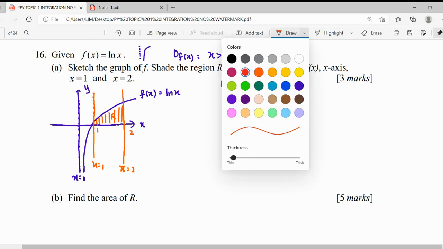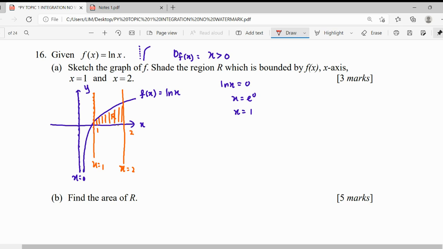So that will be our graph. For the graph, they will give us 3 marks. The first mark is for the shape, whether our lamp post is correct or not, and the asymptote. The second mark is for labeling. Make sure you label your x-axis, y-axis, your function, your lines, and your asymptote.